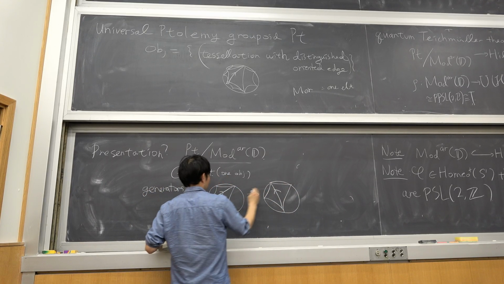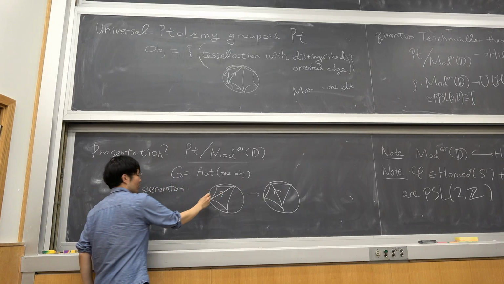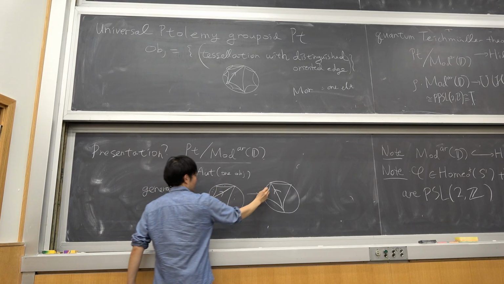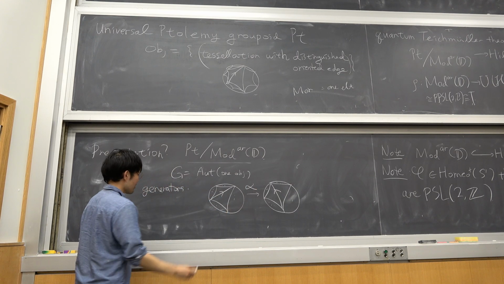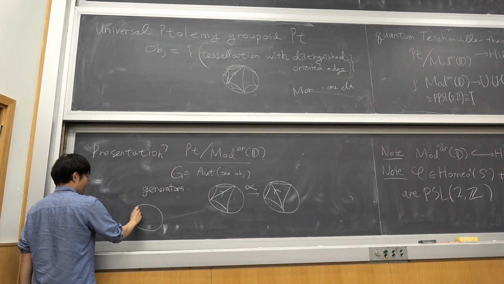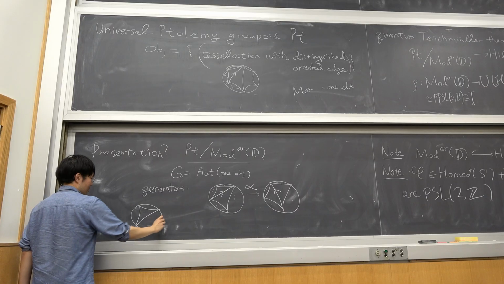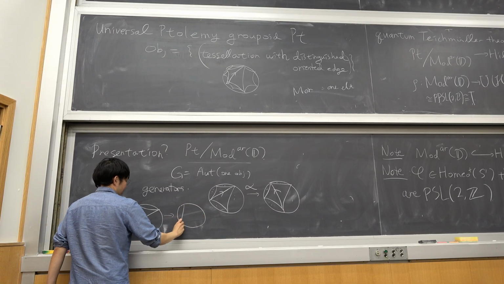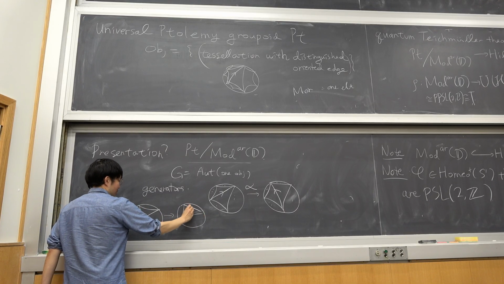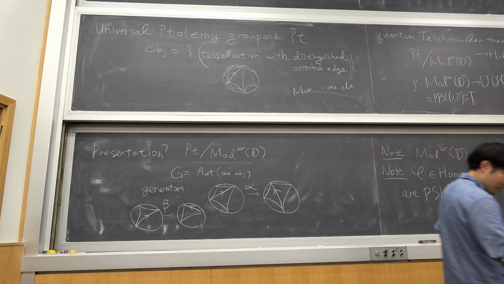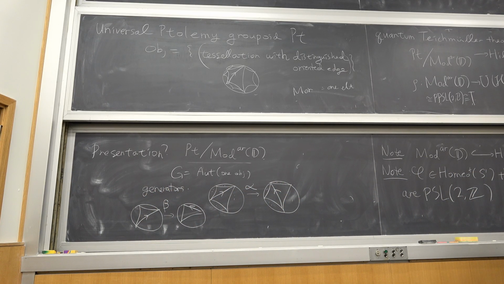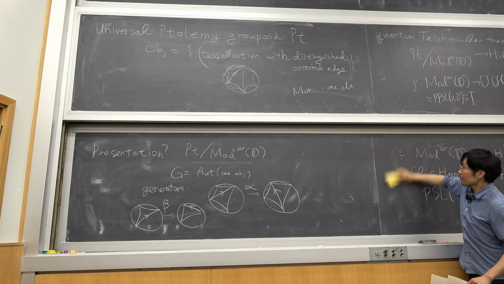You just flip at that marked edge and don't change the other part. And that's called alpha. And beta is you don't change the ideal triangulation, but just change the marking. And these two generators generate the whole automorphism group.